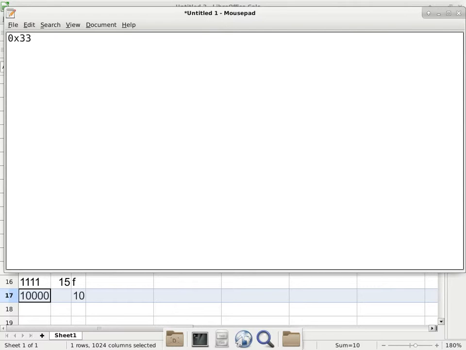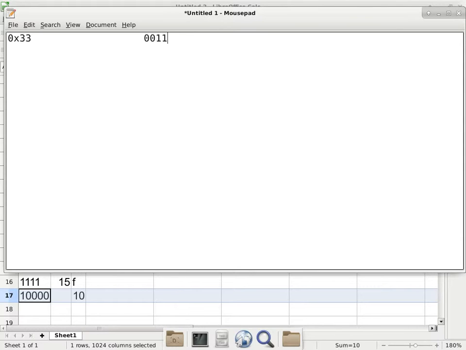The next thing we do is we look at each digit, starting with the least significant digit, and say, okay, this is 3, but what does it look like as a binary number? It is 0, 0, 1, 1. The leading zeros are important in this case. So every time you map a hexadecimal digit into binary, you have to use exactly 4 binary digits. 4 binary digits, you cannot forget the leading zeros.